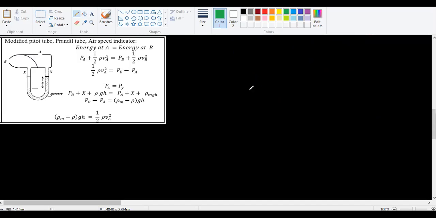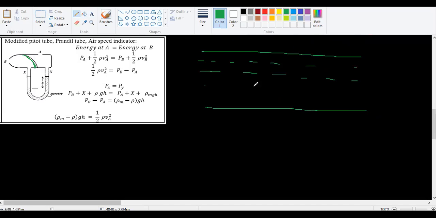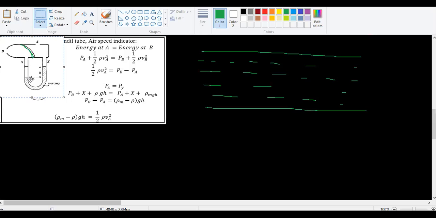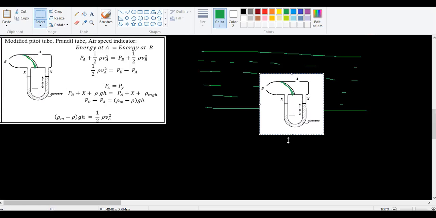So what we do is we take a U-tube like this, and then you make an arrangement like this. You see this compartment and this compartment are different. So you see it's kind of separated like this. So when you put this inside a water, some liquid flowing pipe, something like this.